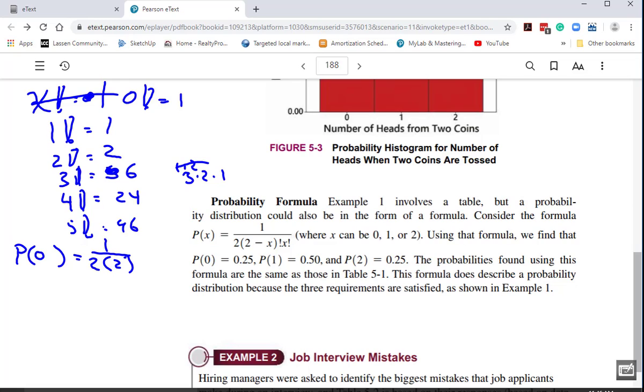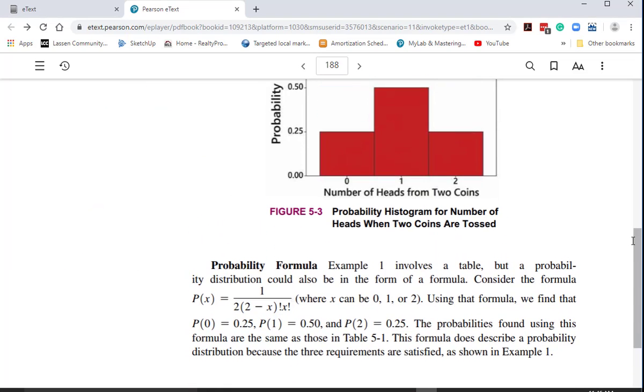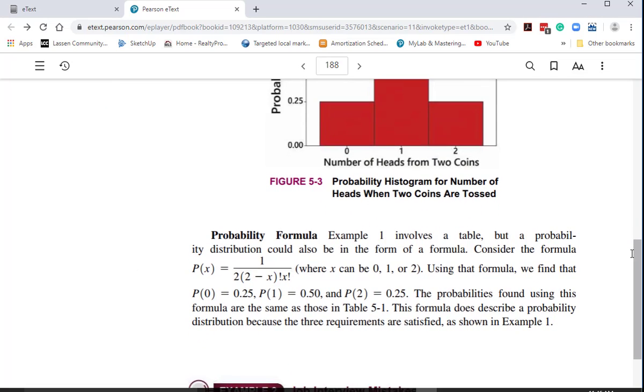And what is 0 factorial? 1. So this is 1/4, isn't it? So that does help explain this one, which had a probability of 0.25, remember? Yeah. See it? It worked.